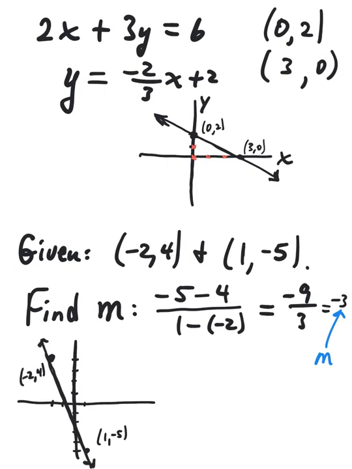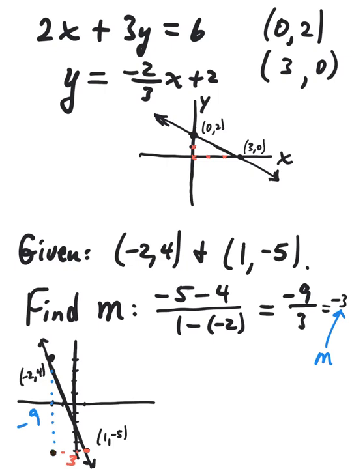The vertical change I'm going to do in blue. This line travels a total distance of 1, 2, 3, 4, 5, 6, 7, 8, 9 units. Down 9. How far over to the right does it go to reach that other dot? Starting here, 1, 2, 3, over 3.